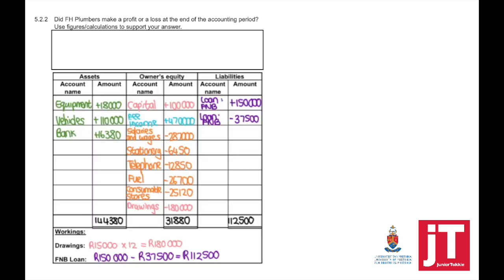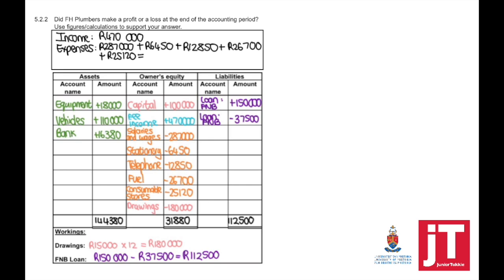So question number 2 says, did FH Plumbers make a profit or a loss at the end of the accounting period? Use the figures or calculations to support your answer. So now we need to go back to what we've already sorted out. All we need to look at now is what was our total income minus what was our total expenses.